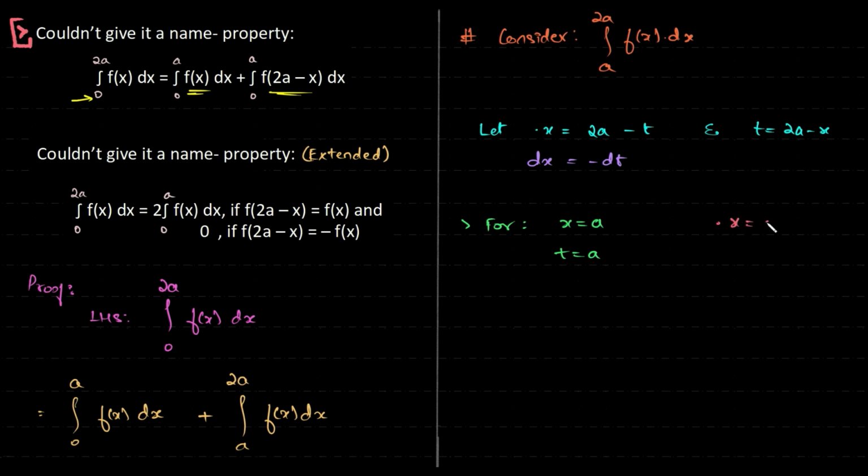If x is equal to 2a, the upper limit, then t is equal to 0, as 2a minus 2a is 0. And so we have the integration from a to 0 f of 2a minus t, minus dt, my bad. The minus comes from dx equal to minus dt. Hopefully no doubt.